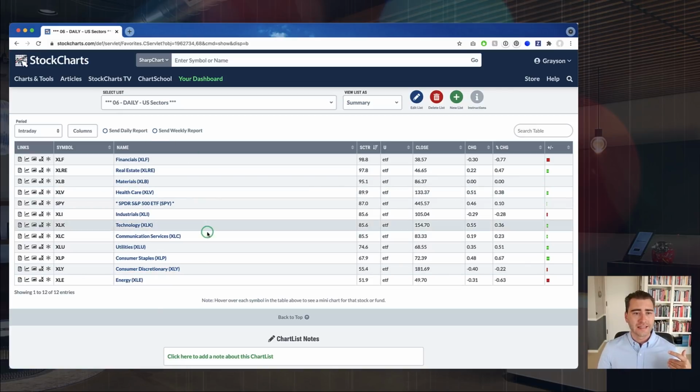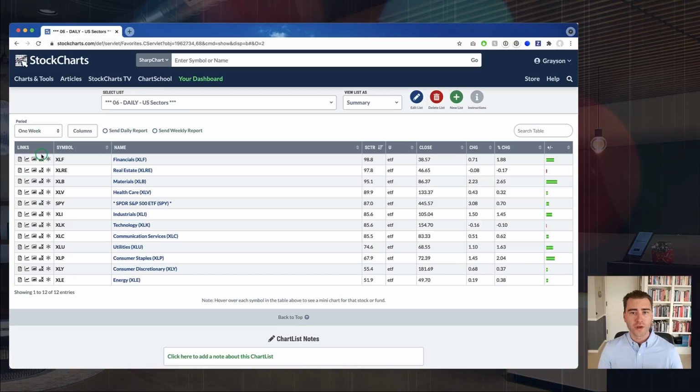So when I create these lists, the key is that I've actually put the S&P 500 in here in addition to the sectors. It makes it really easy to compare things to that broader benchmark. And when we do things, for instance, like switch the period here to be 1 week, we can compare some of the percentage moves over time. We can actually sort this by percent change.